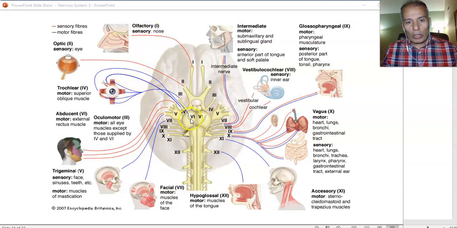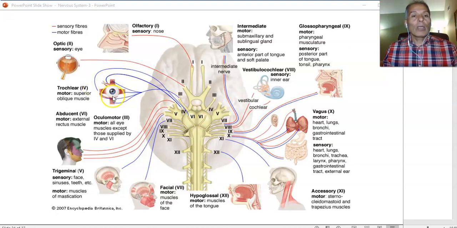So, for example, the second is the optic nerve. It controls the retina of the eye. So this is the third, fourth, fourth is here, and sixth.